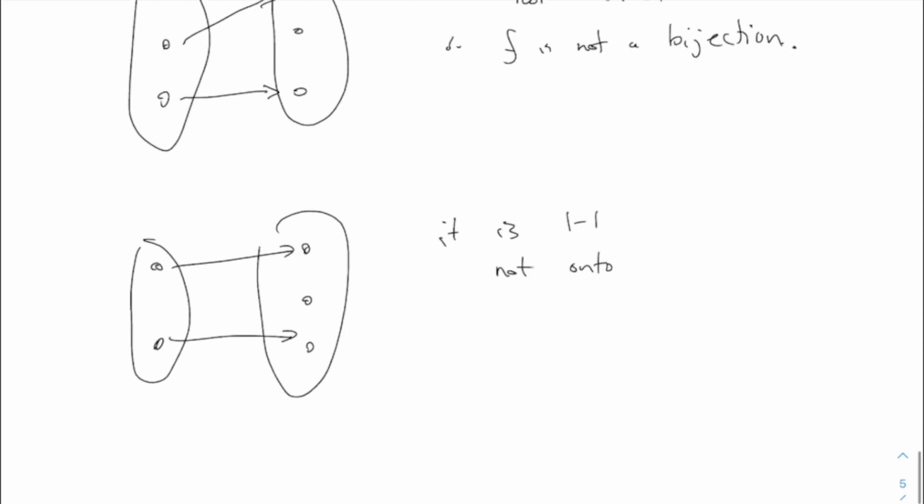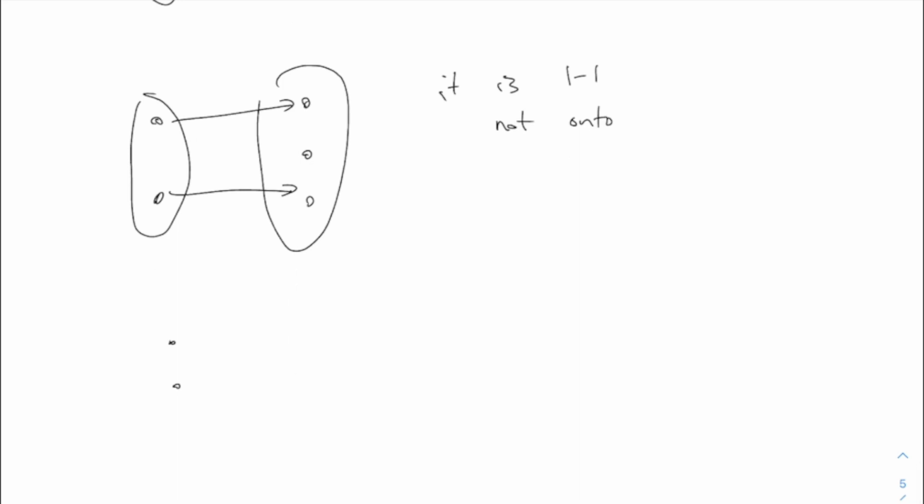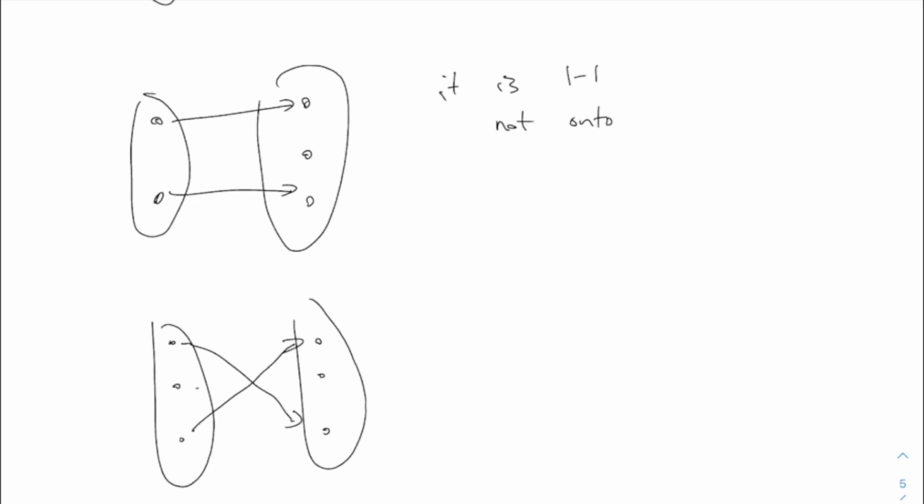These are simple examples just to make sure everybody still remembers how to do this. How about this function? Is it one-to-one? Is it onto? The answer is yes and yes. This one is one-to-one and onto. So it is a bijection.